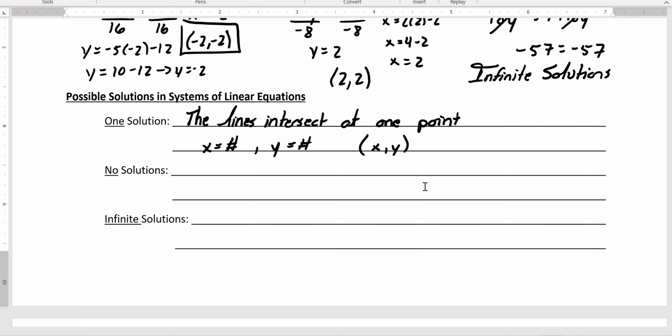No solutions means the lines do not intersect, which means that they are indeed parallel lines.